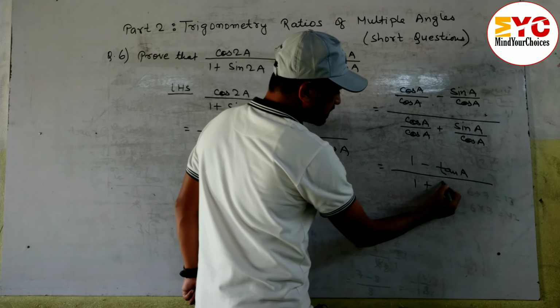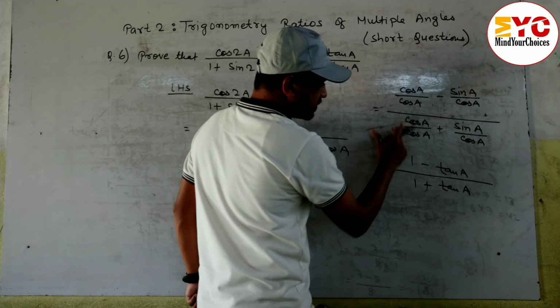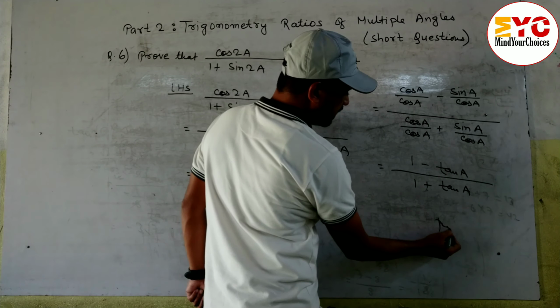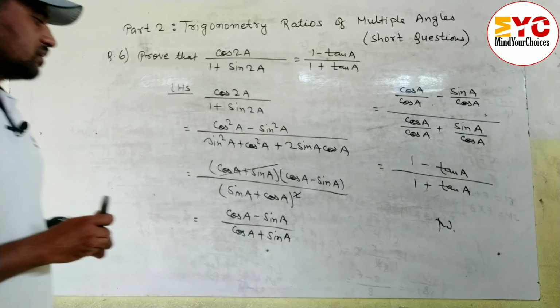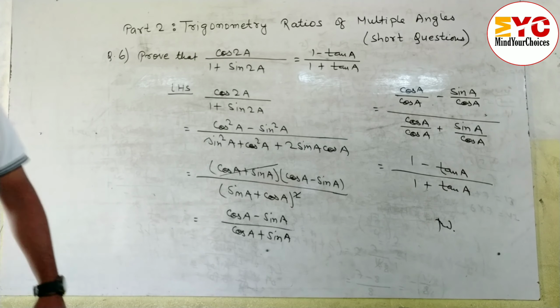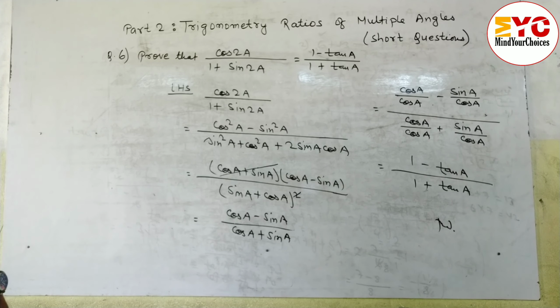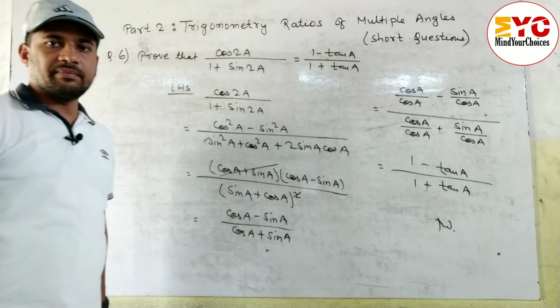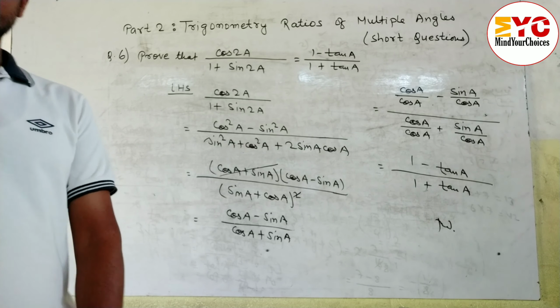Here also 1 plus tan a. RHS proved. Dividing numerator and denominator by cos A, you have to write this at the side. Hope you understand this question.